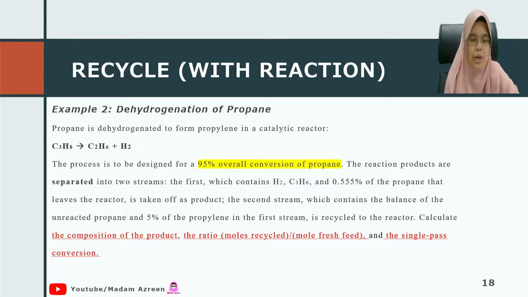So we have here the dehydrogenation of propane. As you know, C3H8 is propane, and it becomes propylene, C3H6, removing two hydrogens from that bonding. Last time in your chemistry during matriculation, you learned about the dehydrogenation process, whereby a single bond becomes a double bond.